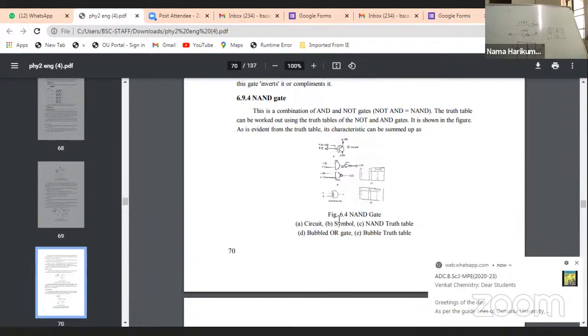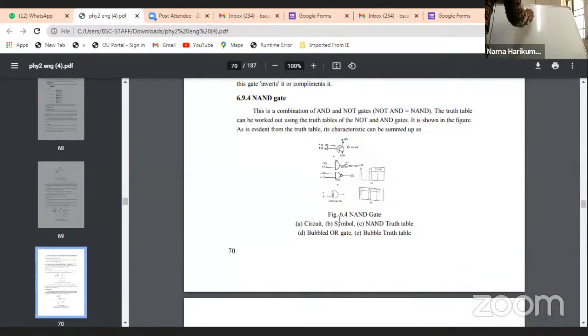So a NAND gate is a combination of AND plus NOT. This is nothing but a NAND gate.